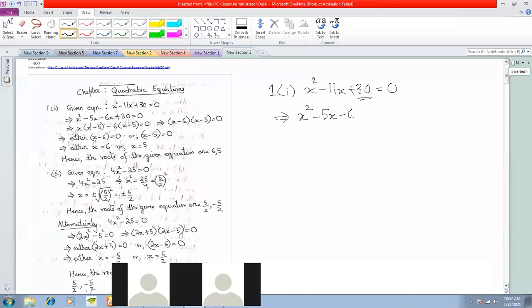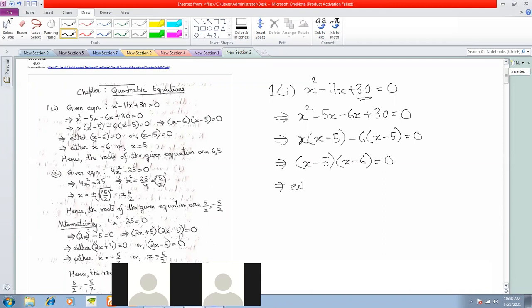Minus 5x minus 6x plus 30 is equal to 0. That means from the first two, now you can take x common, and from the last two, minus 6 common: x minus 6 times x minus 5 is equal to 0.